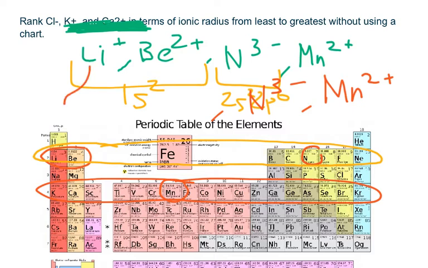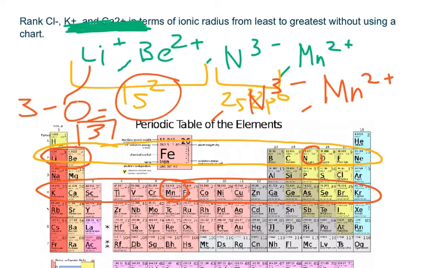For lithium, the number of protons is 3, because lithium has an atomic number of 3. Now, we subtract the number of core electrons, which are the electrons that are not valence electrons. But here's the problem: all the electrons in lithium plus are valence electrons, so there are no core electrons. So the Zeff for lithium plus is going to be 3.